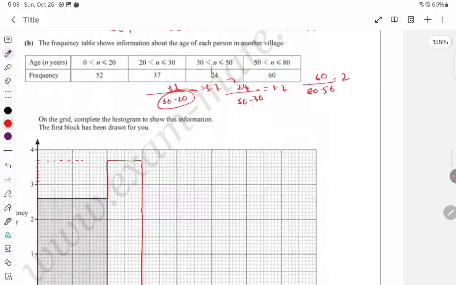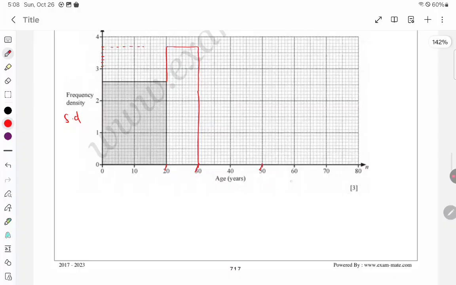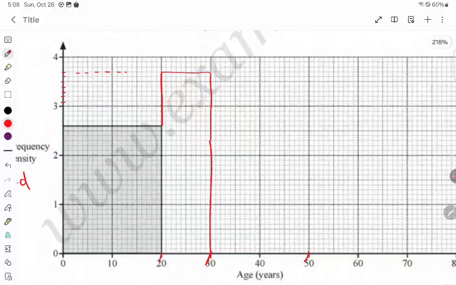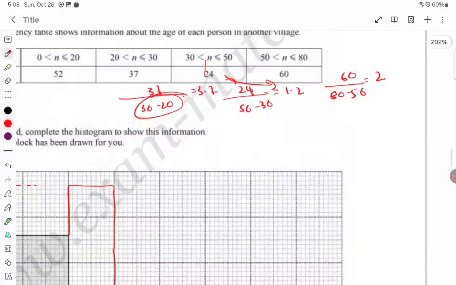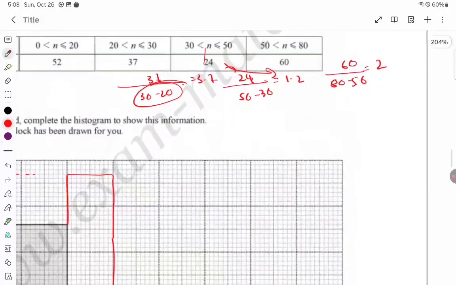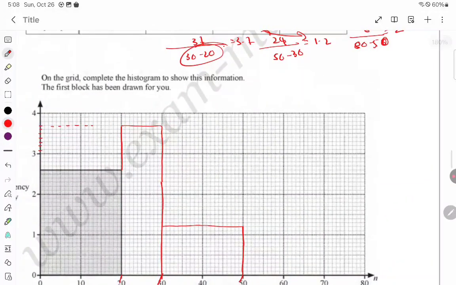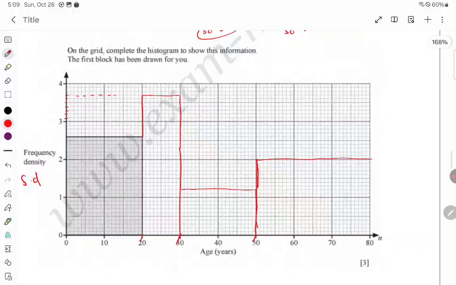For 1.2, for the 24 frequency, right here, 30 to 50, 1.2. Here for 2 at 50 to 80. This is our 2, 50 to 80. So this is our histogram which we have to form.